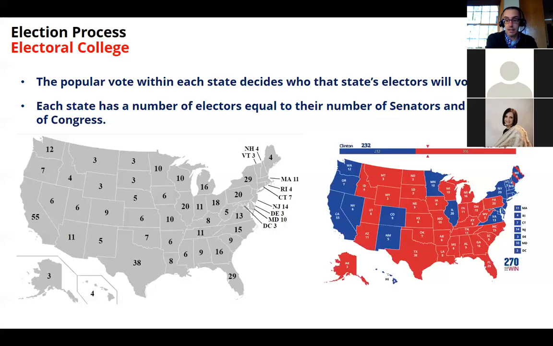It's already been determined by the people voting in Pennsylvania. Whichever way the majority of votes in Pennsylvania go decides who those 20 people will vote for. It's a very strange system.